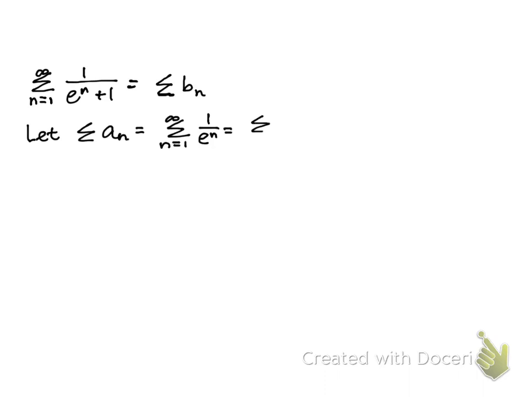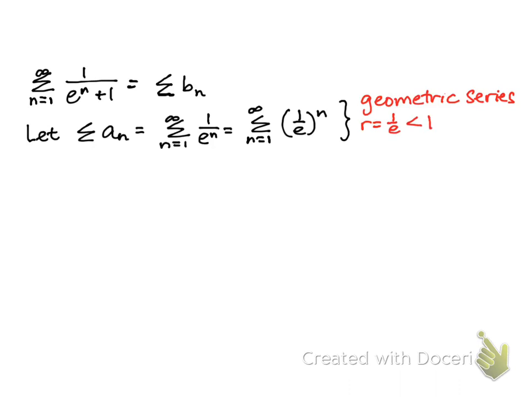And this is a geometric series where r is 1 over e, which is less than 1. Therefore, this series is convergent.